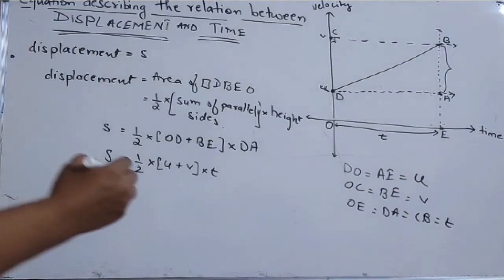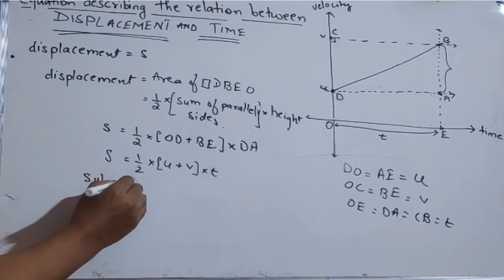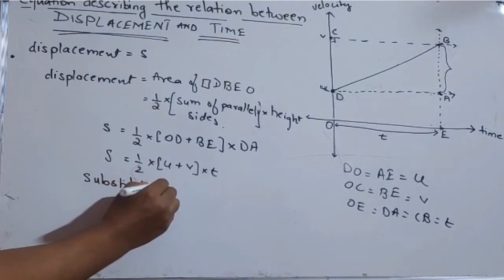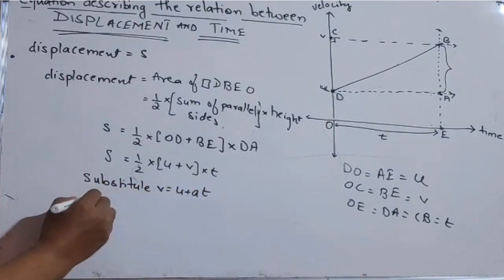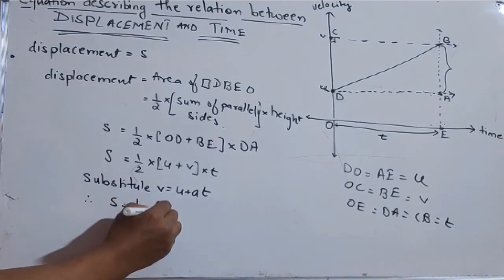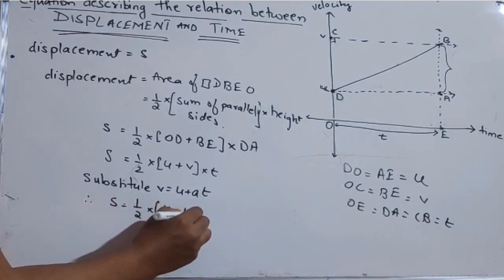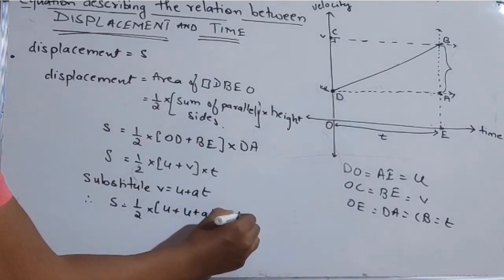So we are going to substitute V is equal to U plus AT. So S will be half into U plus AT, into T.